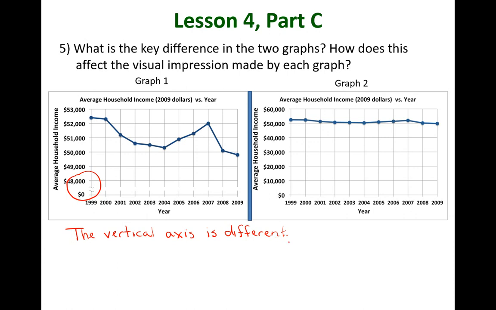Obviously, when you look at graph 1, it looks like household income varies a lot, that it was really up and down. When you look at graph 2, it looks really stable. So I'd say those were the big differences. A lot of times the media wants you to think something's more dramatic than it is. This makes it look like we have dramatic changes, and this one makes it look very stable.